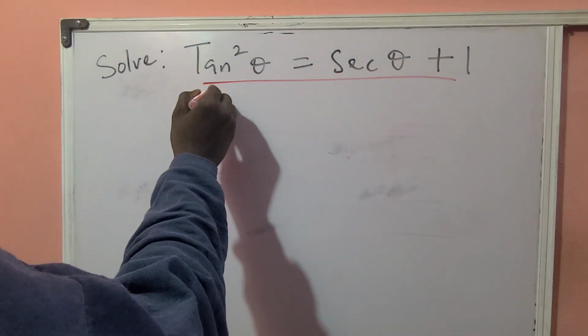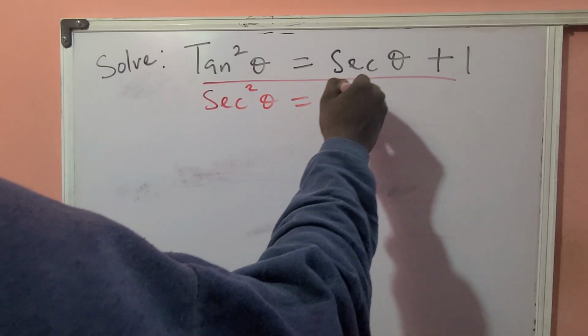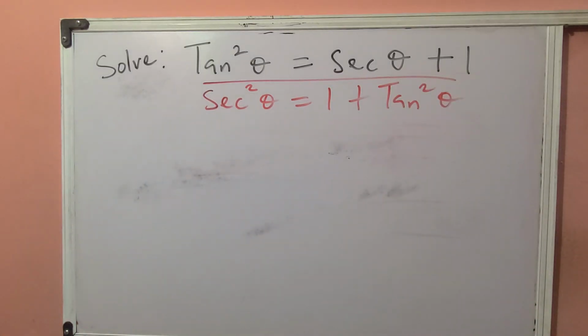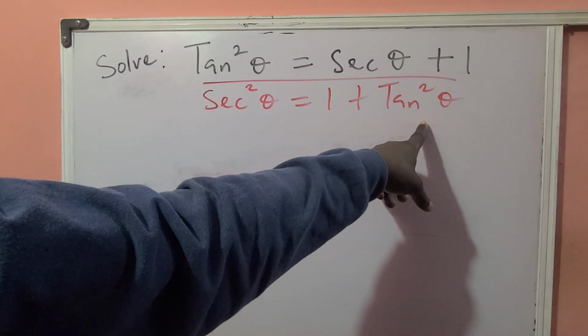We know that our basic identity stated that sec square theta equals 1 plus tan square theta. So this obviously is one of the identities we will be using to solve this particular question. So what do we have to do here? Don't forget, it is sec square theta that was equal to 1 plus tan square theta.